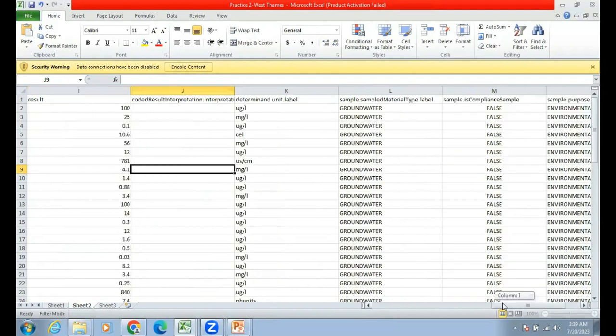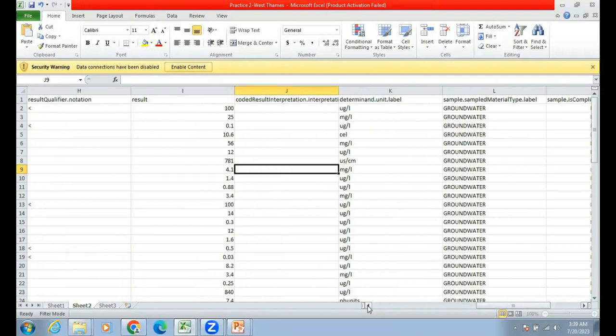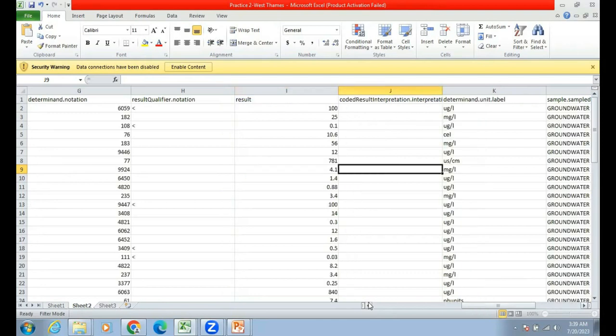So if we look at this data, we are able to see here this value, determinant units level, that is microgram, milligram, microgram, you see. So these values, we must be careful when we want to start doing analysis, and we must know if we are able to convert or not.